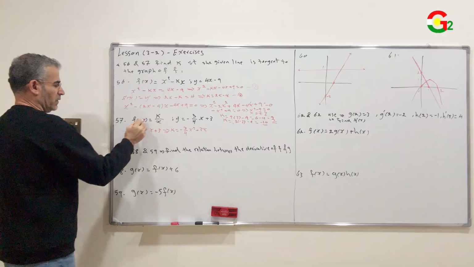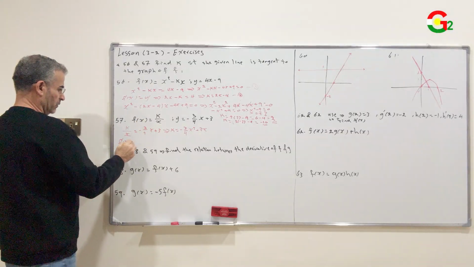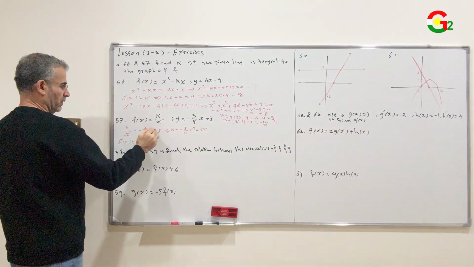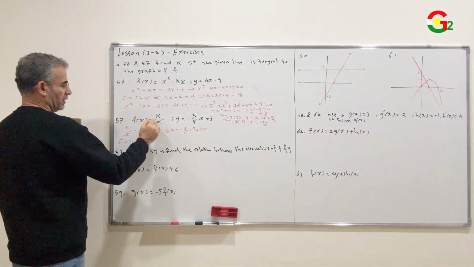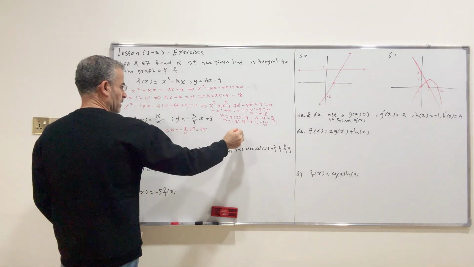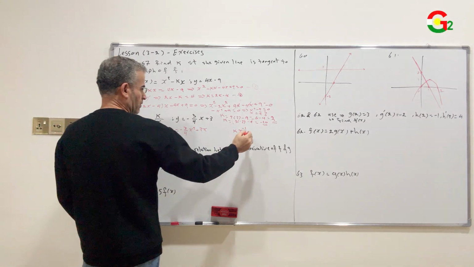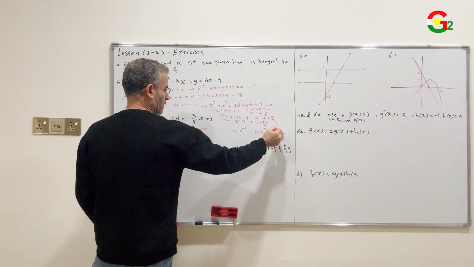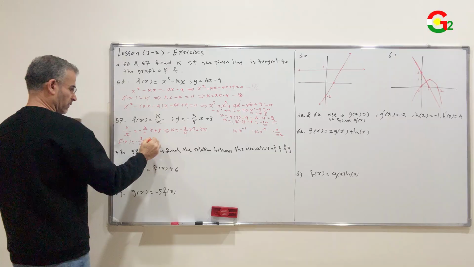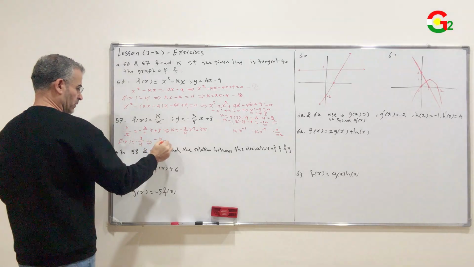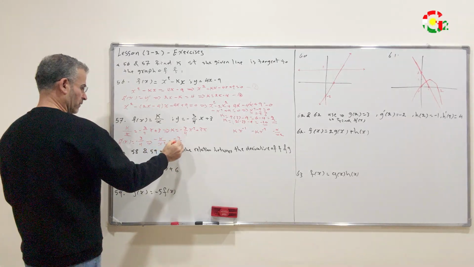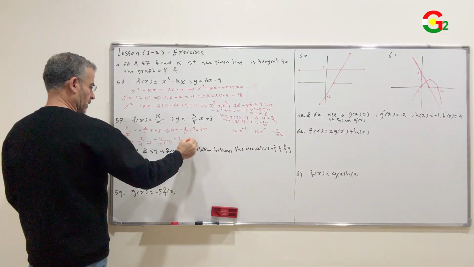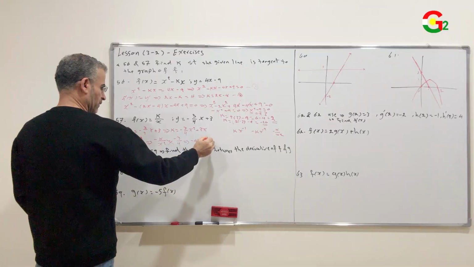The derivative f prime of x equals the slope of the line, negative 3 over 4. The derivative of this function is k times x to the negative 1, negative k x to the negative 2, which is negative k over x power 2. Therefore, negative k over x power 2 equals negative 3 over 4. Cross multiplication, negative 4k equals negative 3x power 2.